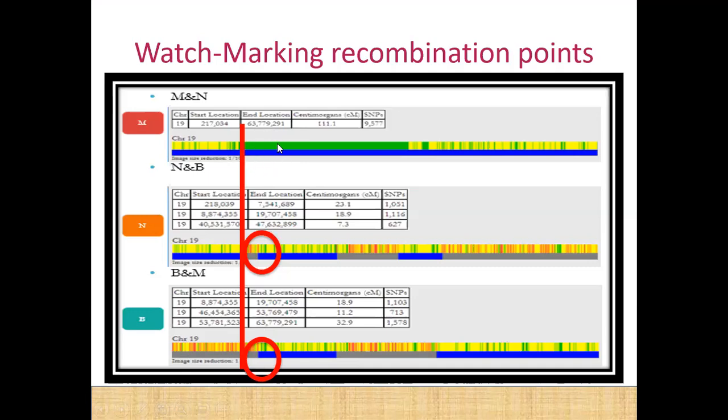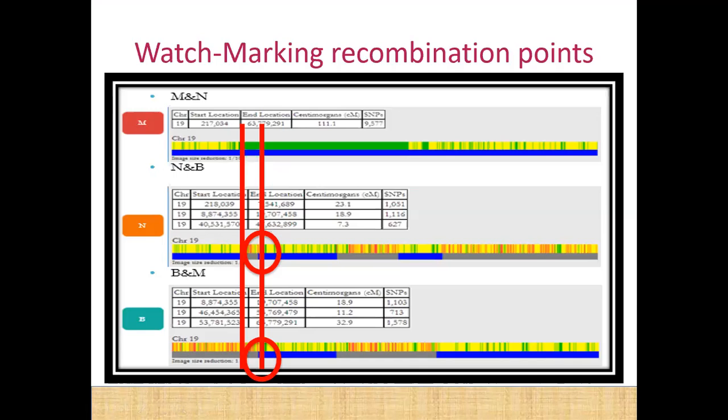We've got green on the top and blue on the bottom all throughout this area. So we can confidently insert our line of recombination, which means in M, N, or B's comparison, we're going to find a change when we build our map there for one of those siblings.